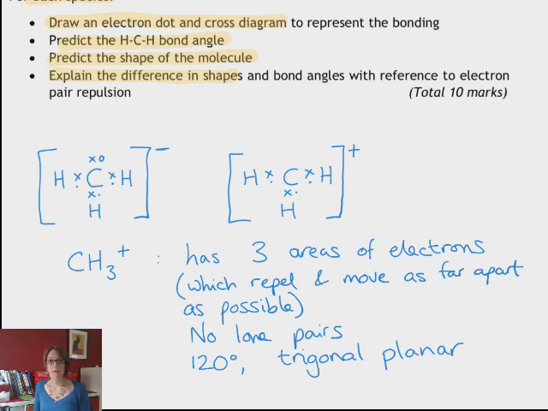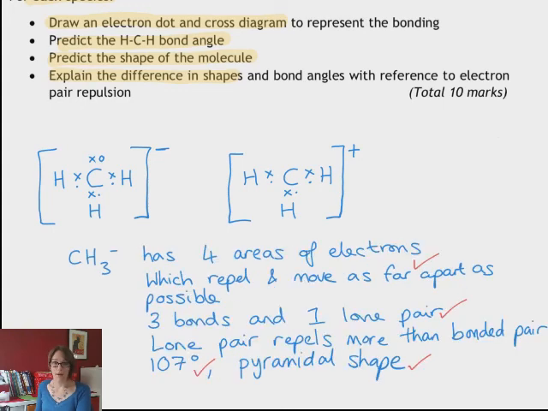And so 120 degrees would get you another mark, trigonal planar would get you another mark, and then the final mark out of the 10 would just be for saying about the 3 areas of electrons and no lone pairs, so linking it to that molecule.